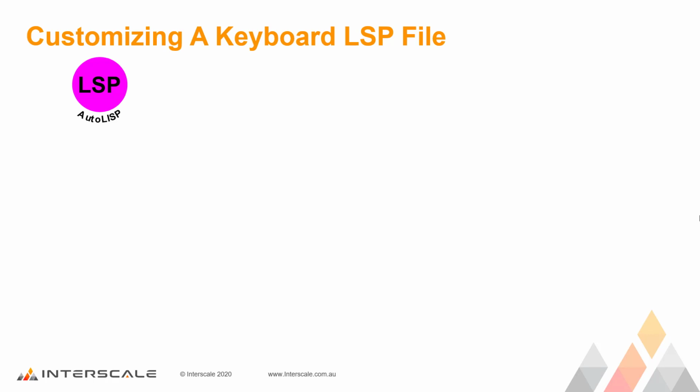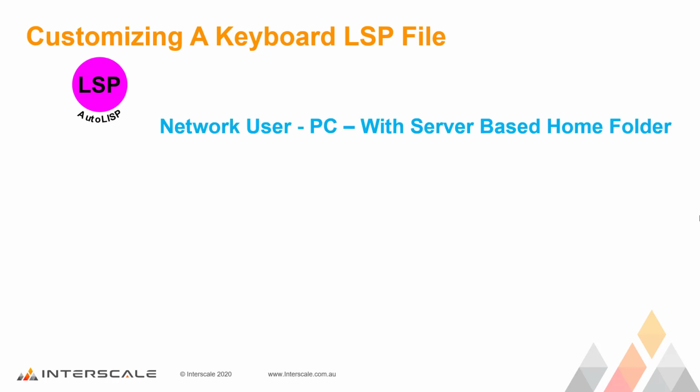The third setup for creating a keyboard Lisp file is if you are a network user working on your PC with a server and you're allowed to work on your own customized LSP file. More often than not, users have a personal drive on the server, normally the H drive. Create a subfolder, again called CAD Library, and another subfolder under that called Lisp. Copy the file into here. The next thing to do is in AutoCAD.